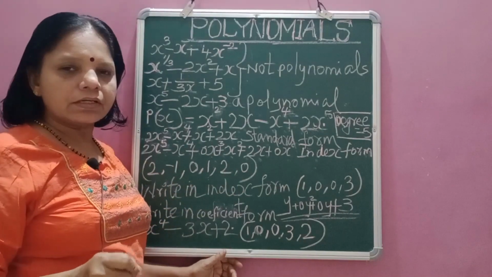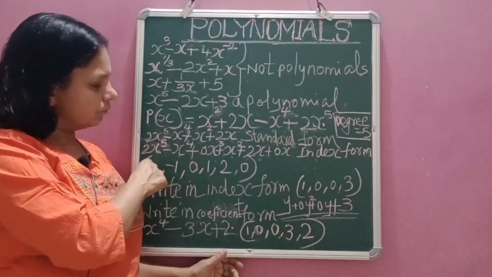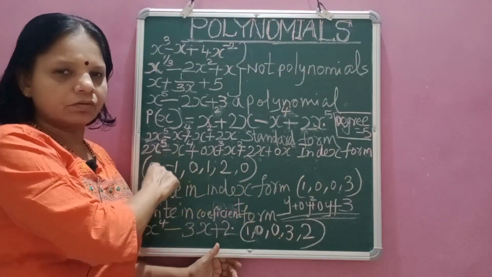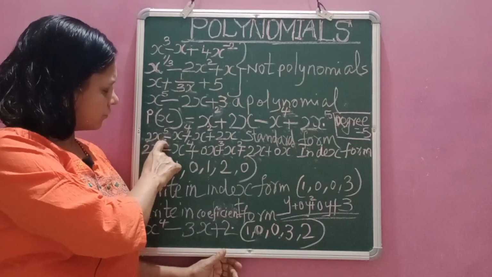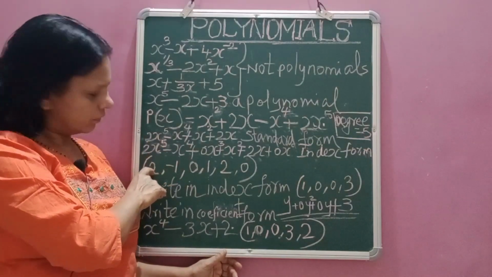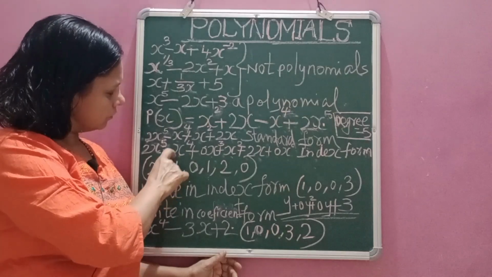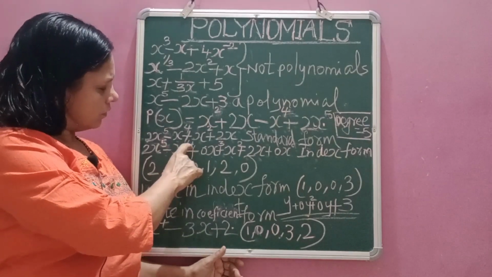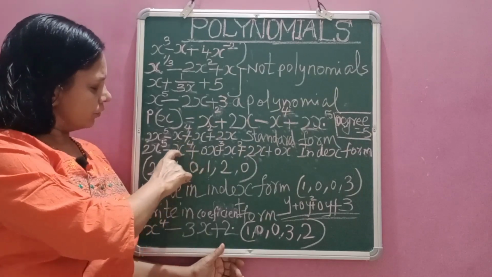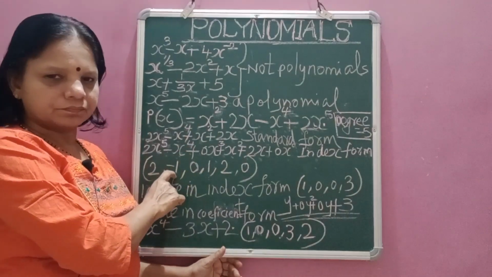Now, from the index form, if you take out all the coefficients in order, that is, the coefficient of x raised to 5 is 2, then put a comma, minus. x raised to 4, the coefficient is minus 1.